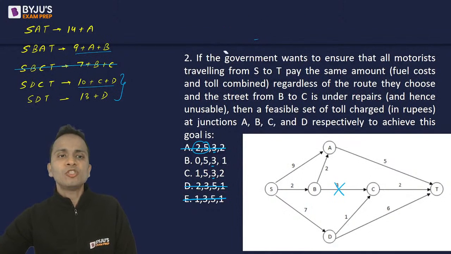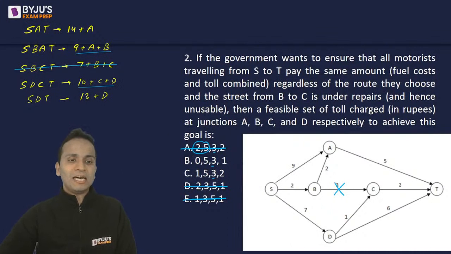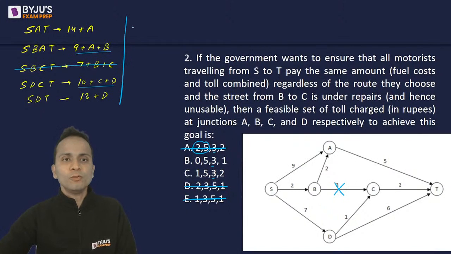So why not put these options and check which one of these two is the answer. Now checking the second option, 0, 5, 3, 1. If A is 0, this is 14. A is 0, B is 5, this is also 14.